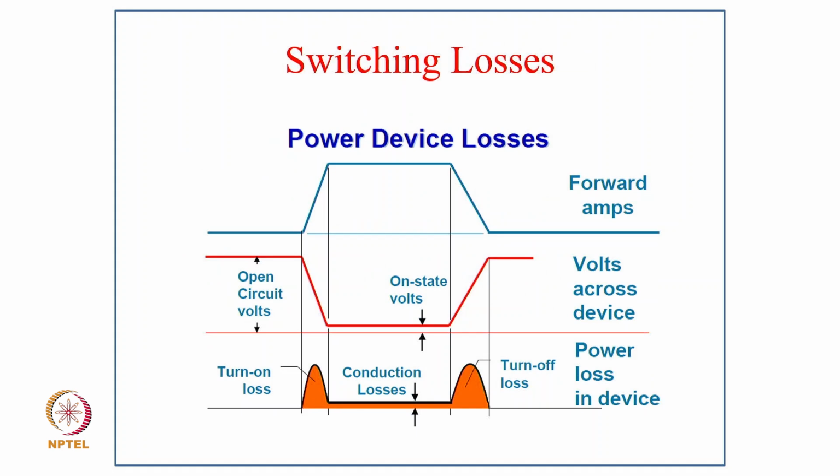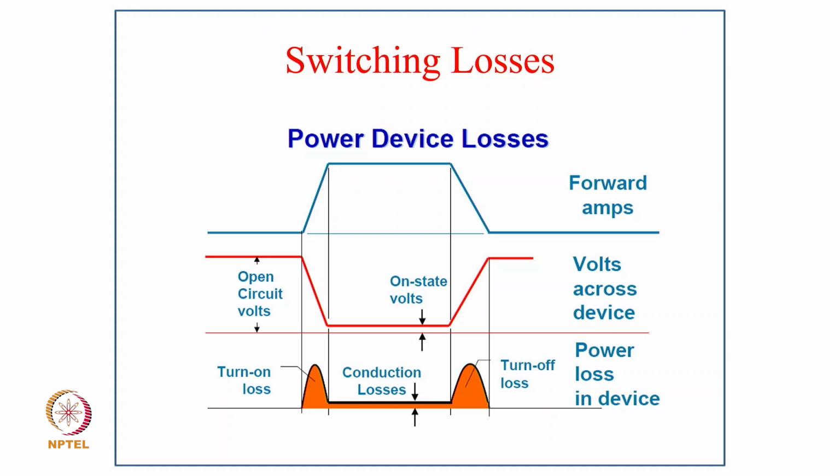You can see the complete losses in power devices as the complete switching loss. During turn on, the losses are shown in the lower curve as an orange curve. Typically, the voltage across the device during turn on falls as the forward current through the device increases, then during conduction it remains constant, and then the current falls during turn off, while the voltage across the device first is large and then reduces to a very small drop, and then becomes large again when the device is turned off.